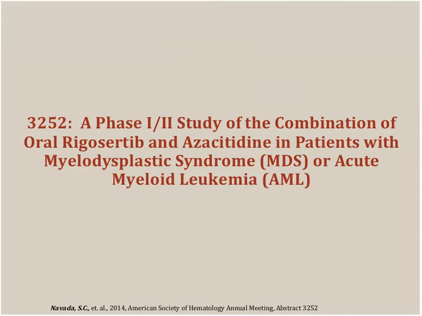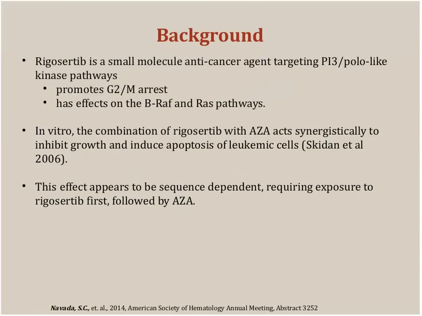The next study is a phase 1, phase 2 study of a combination of oral rigosertib plus azacitidine in patients with MDS and acute leukemia. The phase 1 data were presented at ASH. Rigosertib is a small molecule that targets the PI3 kinase and PLK1 pathways, promotes arrest of cells in G2/M, and interferes with BRAF and RAS signaling.